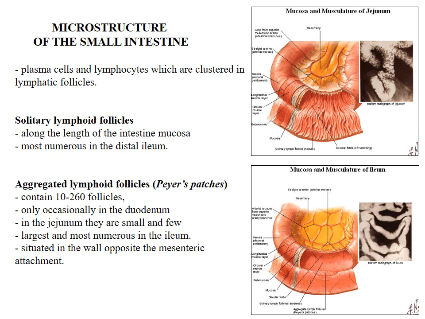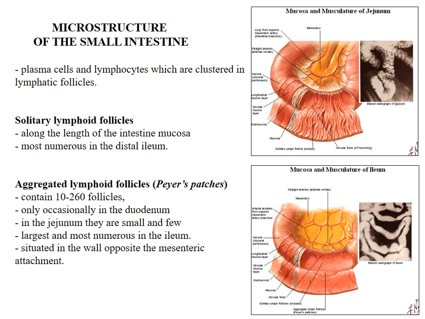Solitary follicles are numerous and large in the duodenum and jejunum, and they are situated along the length of the intestinal mucosa.